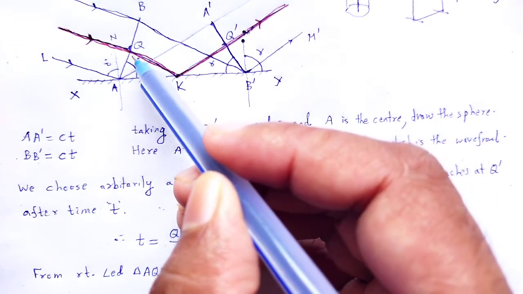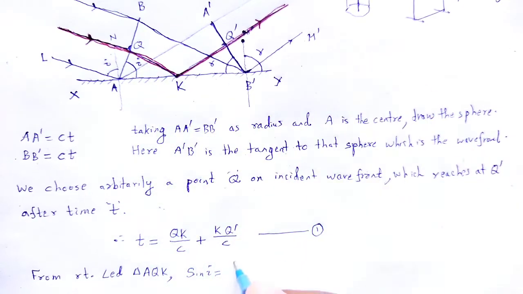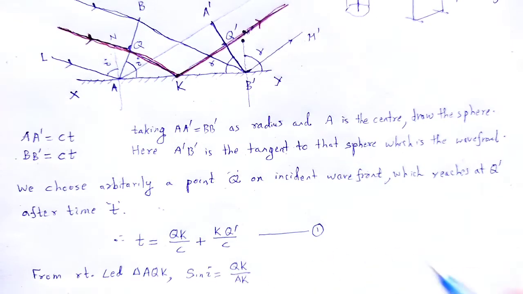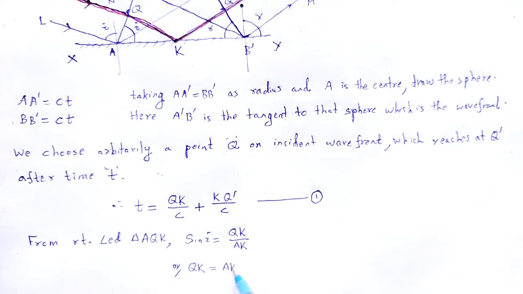So the perpendicular QK divided by AK. Our requirement is QK. So QK is equal to AK sin i.